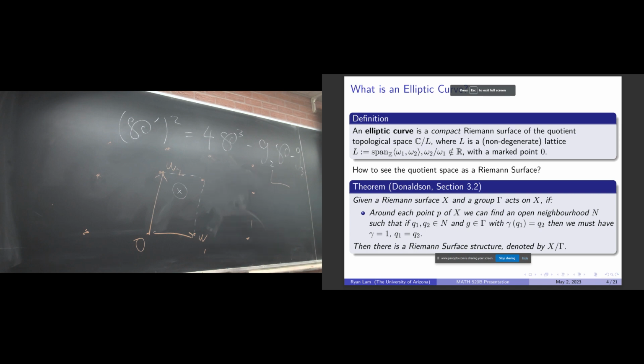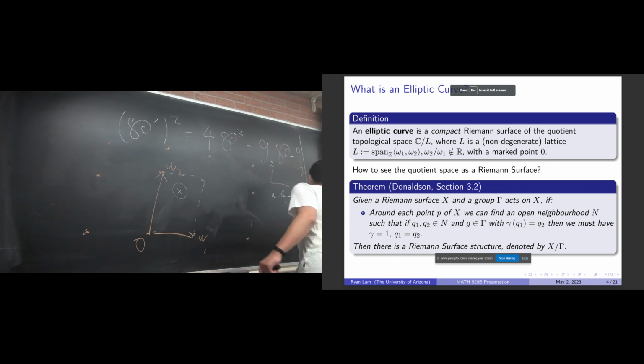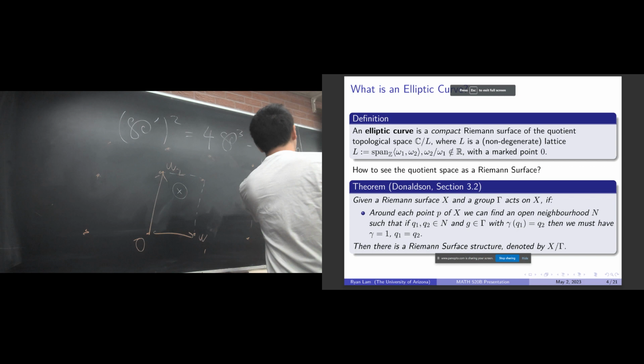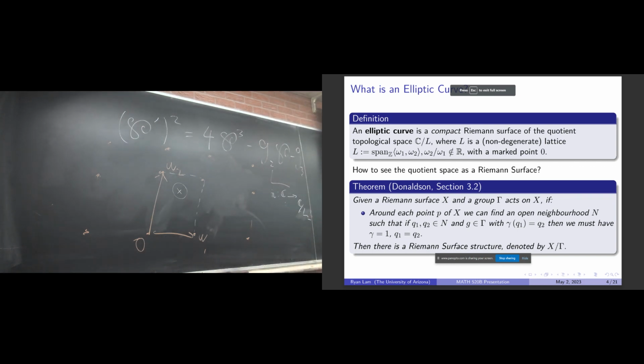I think there's a technical condition, which is on the map pi from C to C modulo the lattice. If the action satisfies this condition, then the quotient can be given a Riemann surface structure.